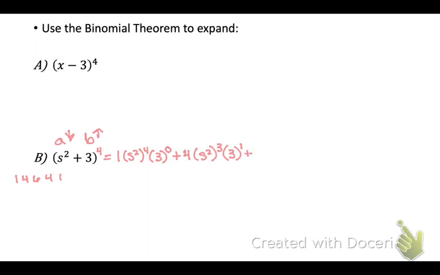Okay, next coefficient, 6. s squared to the second, and 3 to the second. Plus 4, s squared, third. Nope. Go down, first. Okay. And 3 to the third.